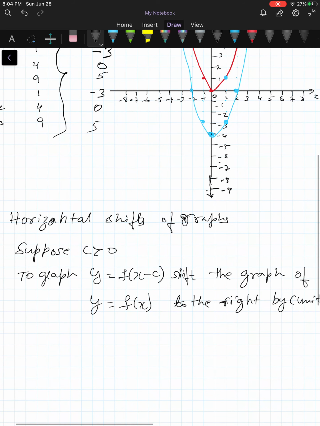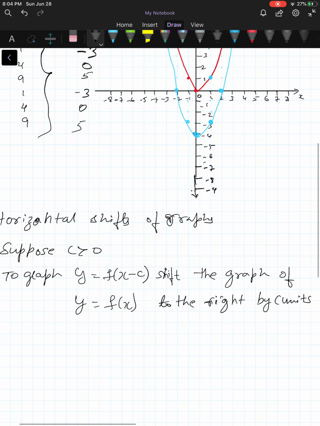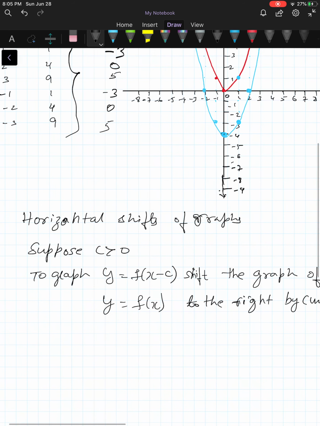So the same thing applies: when you subtract a constant greater than 0 from the input values, you are reducing the given input values. That means you are moving towards the left of the x values. So when you are adding a constant, you are increasing the values of the inputs. Therefore you will be moving to the right of the given values.